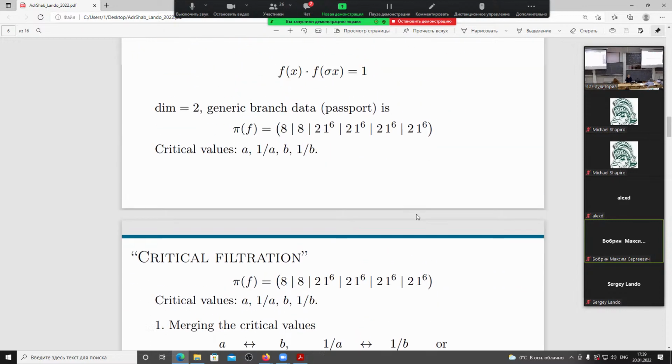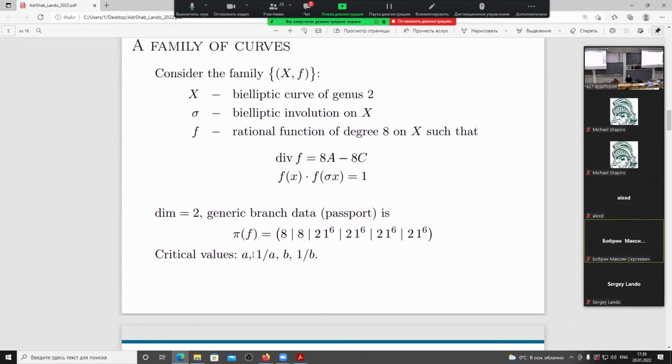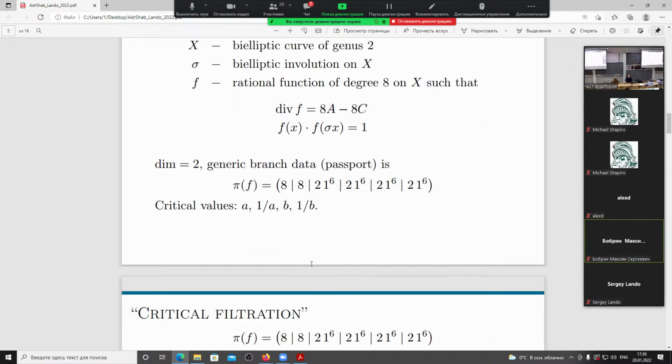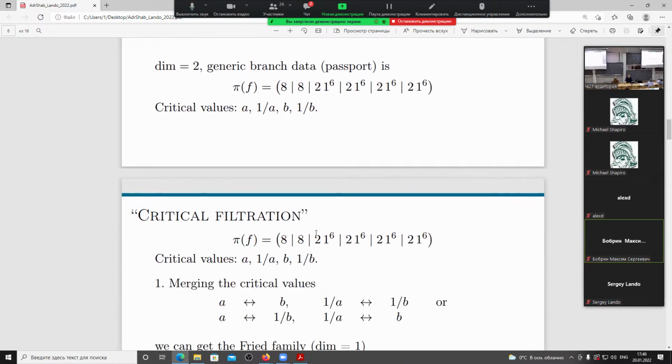So first, we are going to look at the cases when the critical values collapse, merge into a single one. Well, there are different ways for critical values to collapse, but let's consider when A and B collapse, or A and 1 over B collapse. Then the second pair of critical values also merges into one.